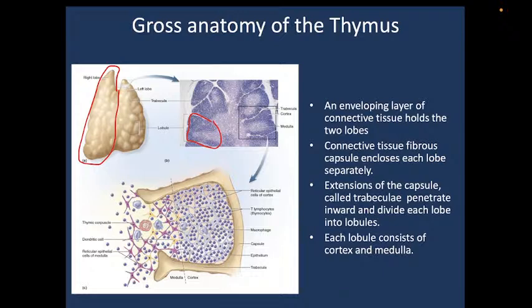And each lobule, a small lobe, consists of the external part called cortex and the internal part called medulla. This is the cortex, letter C, and medulla, letter M.